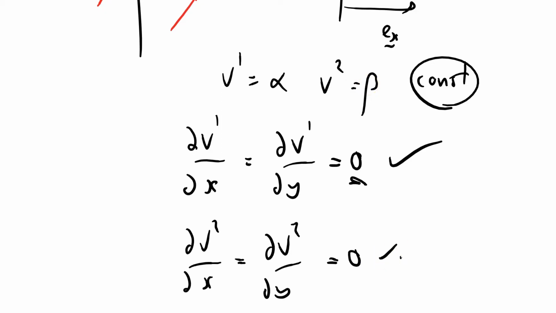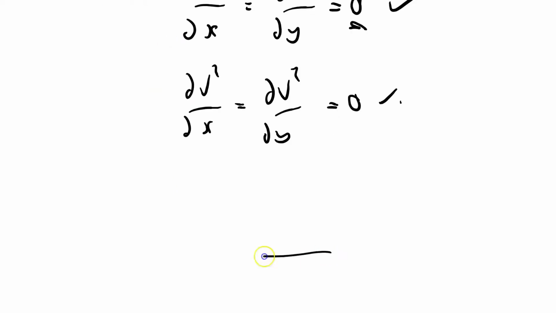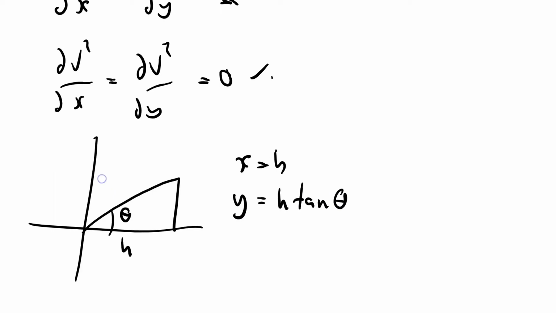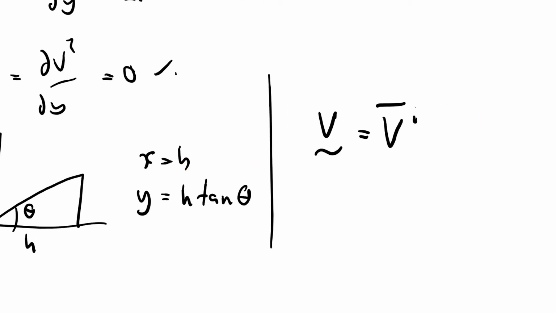Everything works nicely in a Cartesian coordinate system. What I'm going to do now is think about what happens in my strange h-theta space. There's h, there's theta, x equals h, y equals h tan theta. What happens to my vector v when I express it in terms of v bar, v bar equals v bar 1 e_h plus v bar 2 e_theta?